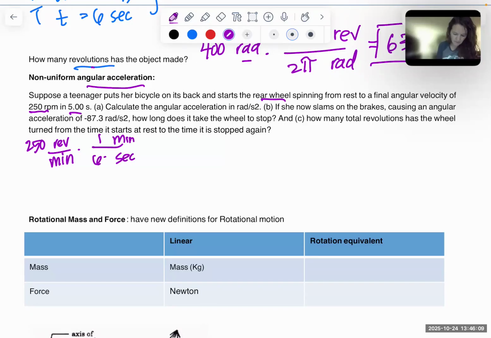So 1 minute for every 60 seconds. I don't want revolutions, and I do want radians. So there's 2 pi radians for every 1 revolution. So 250 divided by 60 multiplied by 2 pi. What do we get? We get 26.18 radians per second. Cool. So now we at least have the right numbers here.